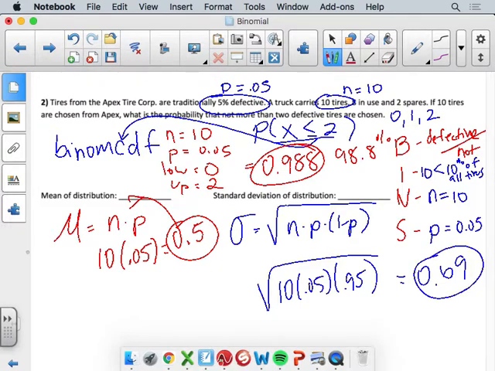So what that means is, if I did many trials of grabbing 10 tires from this company, we expect about half a tire to be defective, plus or minus a typical range of 0.69. So in that 0 to 1 or 1.5 range is where most of our defective tires would be. So that's pretty good for the tire company. They're pretty reliable.